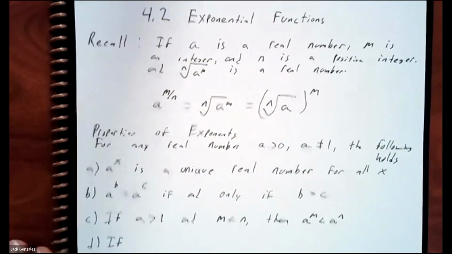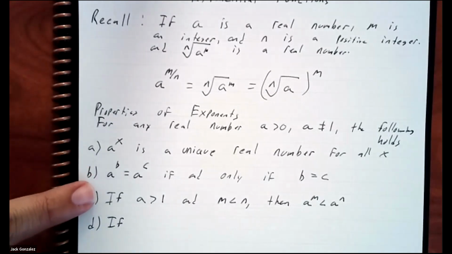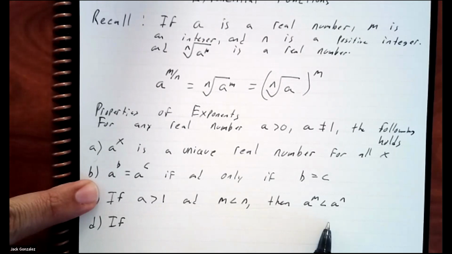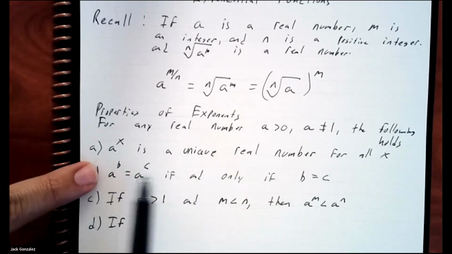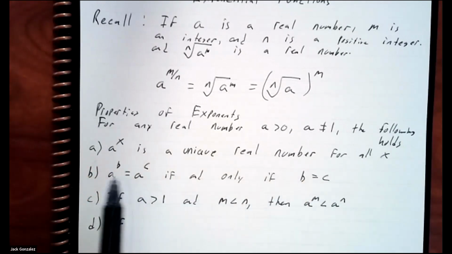You see what I mean by single direction versus double directions? If this, then that. Over here is if this is true, then this is true, or the other direction. If B equals C, then this is also true.